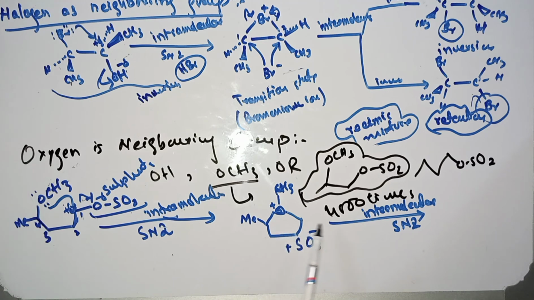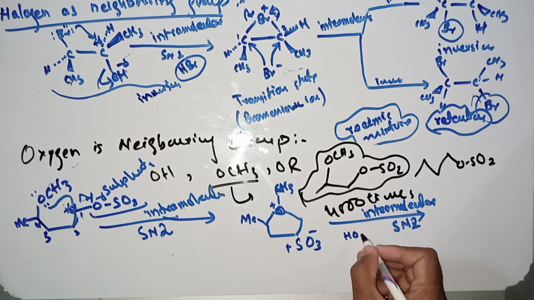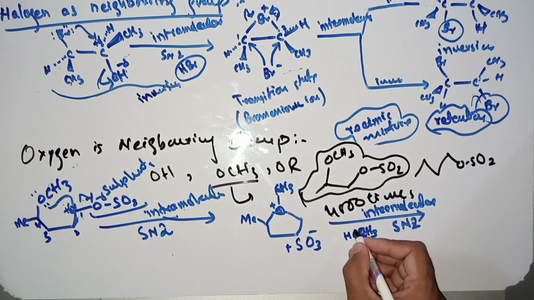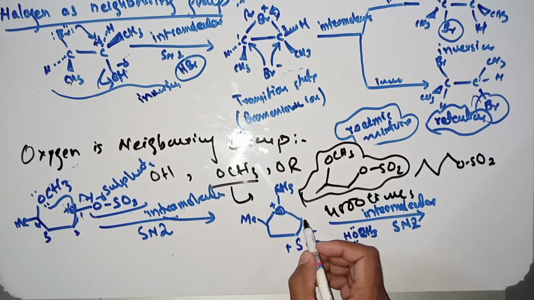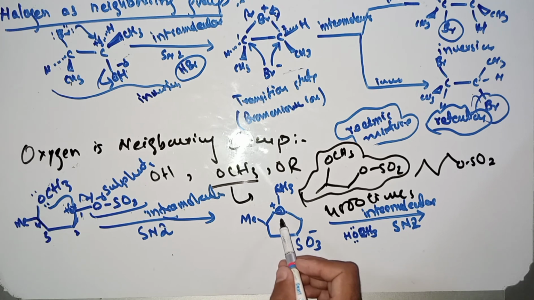While in the second step the SN2 mechanism is also followed because here it is intermolecular, meaning here is a molecule of solvent. Let's suppose we use the solvent HOR, an alcohol, let's suppose methanol, CH3OH. When we use this as a solvent, the nucleophile attacks the electrophilic carbon. This will be the electrophilic carbon because the bond needs to get stability by removing the positive charge.